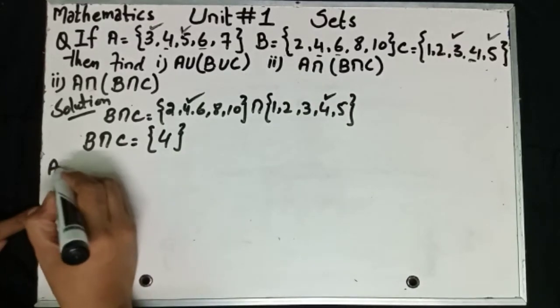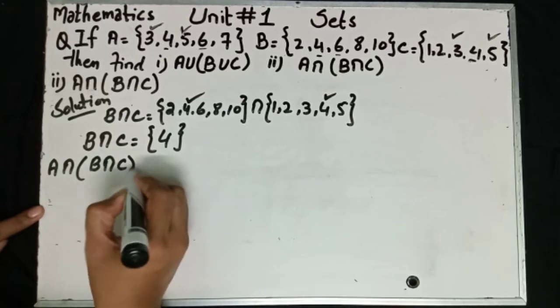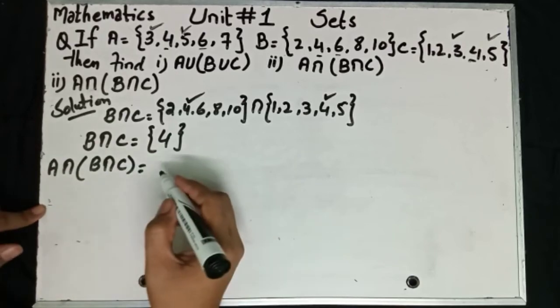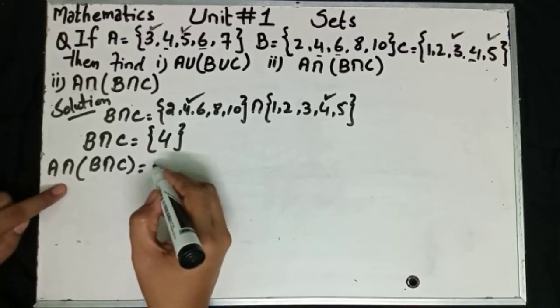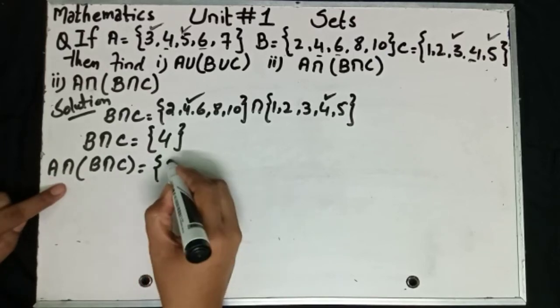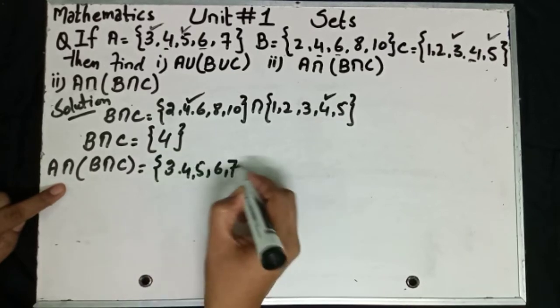Now find A intersection B intersection C. First we write down the elements of the first set, set A: 2, 3, 4, 5, 6, 7.